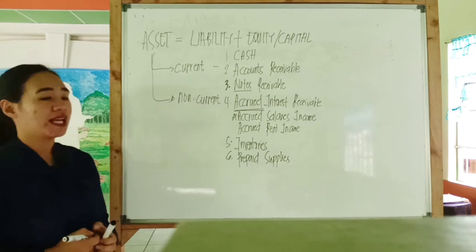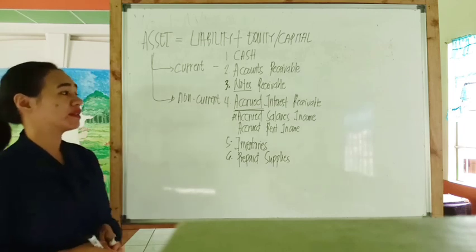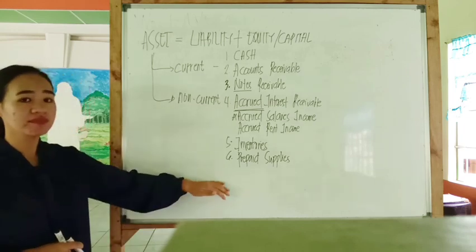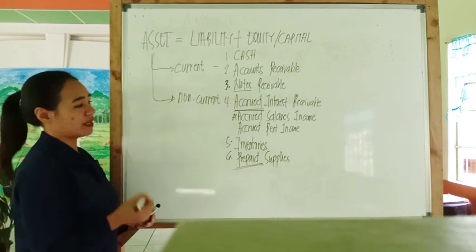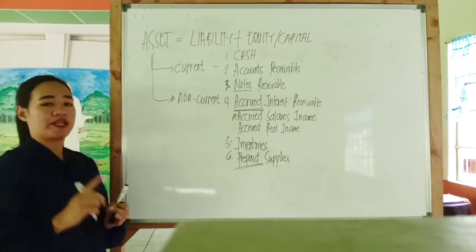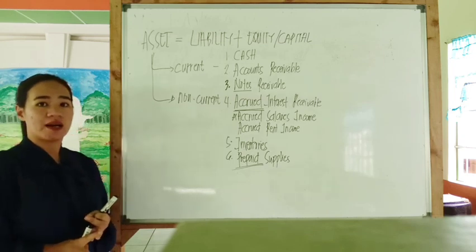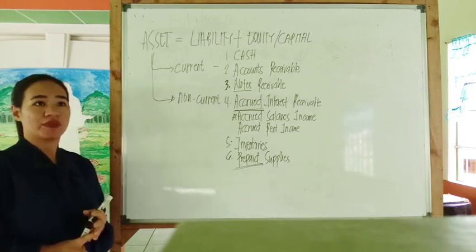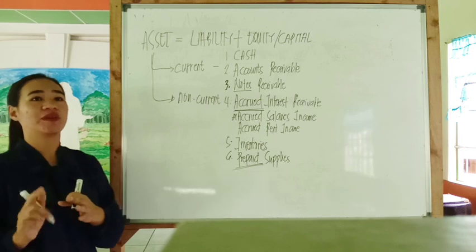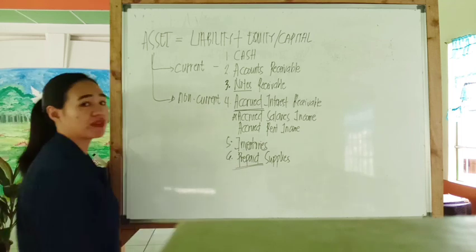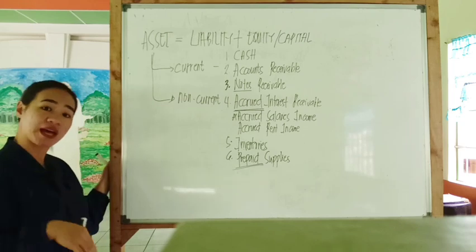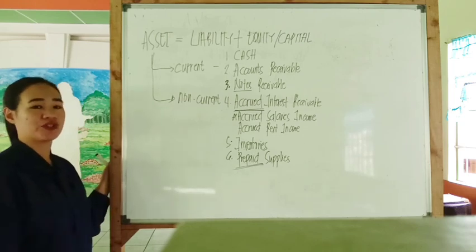Okay, so later on again, you will be encountering elements na may kasamang word na prepaid. Prepaid supplies, prepaid salaries. Ang ibig sabihin niyan, nabayaran mo na siya ahead of time, pero hindi mo pa siya nakukonsume.